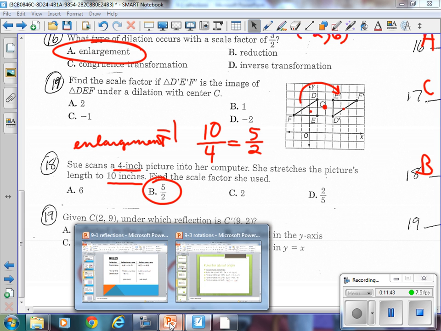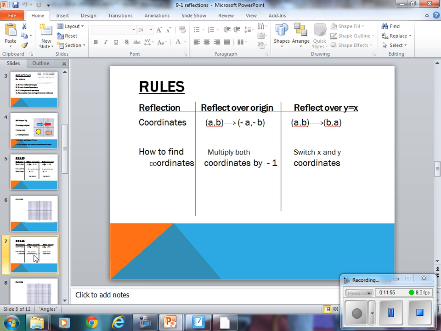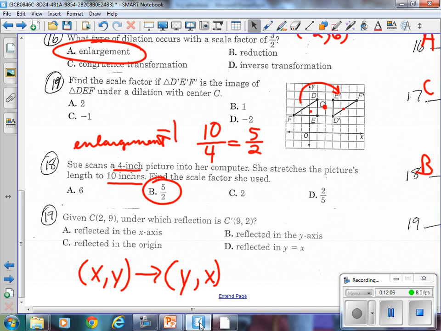If we go back to our notes here for reflections, that's this video, we just want the two to switch. I don't see any of those rules that look like they switch. Let's go to this one. Looks like reflect over y equals x just turns the two around. So that's the one that we want. So it goes over the line y equals x. So that would be D.